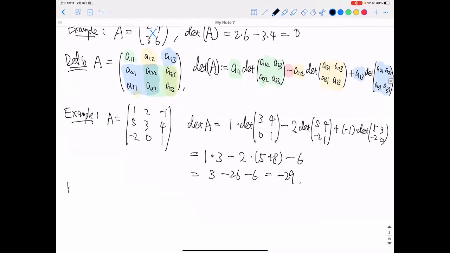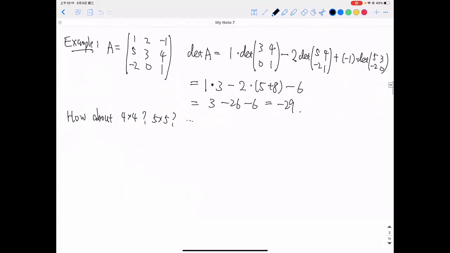So naturally you wonder, how about 4 by 4, 5 by 5, and so on. So for this, we're gonna make a definition in general, but it's gonna be an inductive definition.